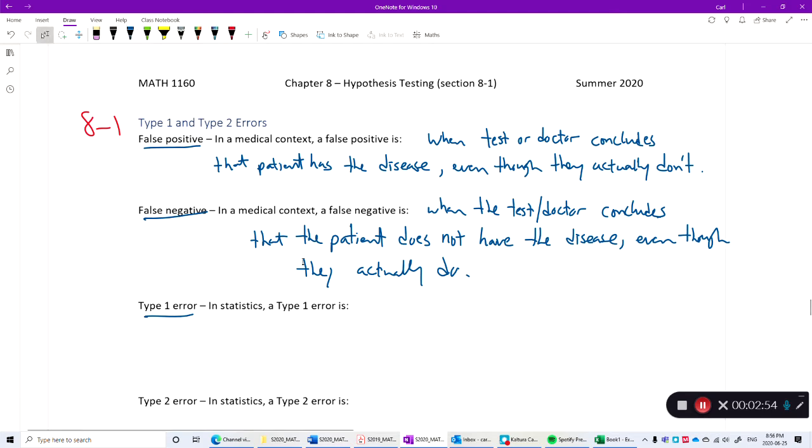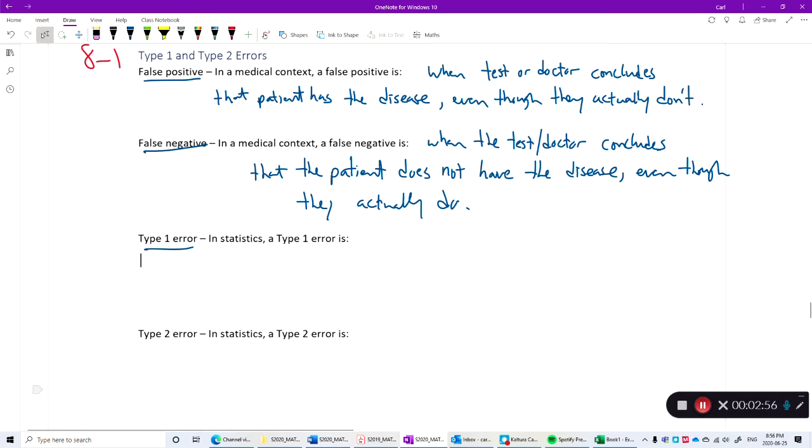Now let me try to explain that. Type 1 error happens when the null hypothesis is true, but, maybe I'll write it the same way that it's written up here. So it's when we reject the null hypothesis, even though it's true.